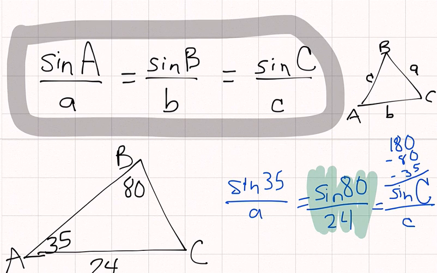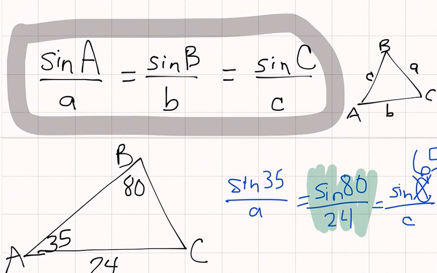So angle C is really 65. Now we know all of our angles, and we can start with either one of these ratios.